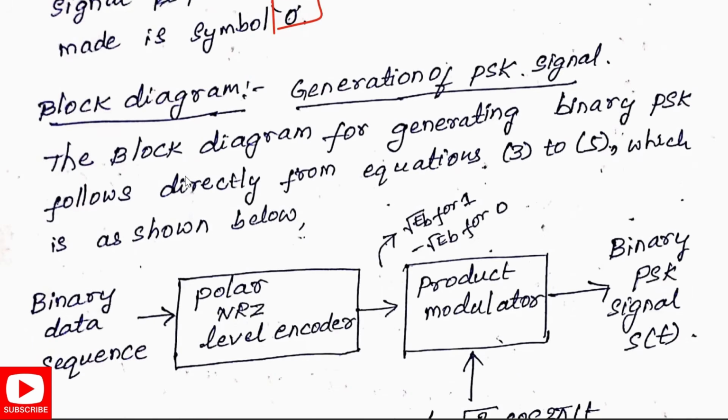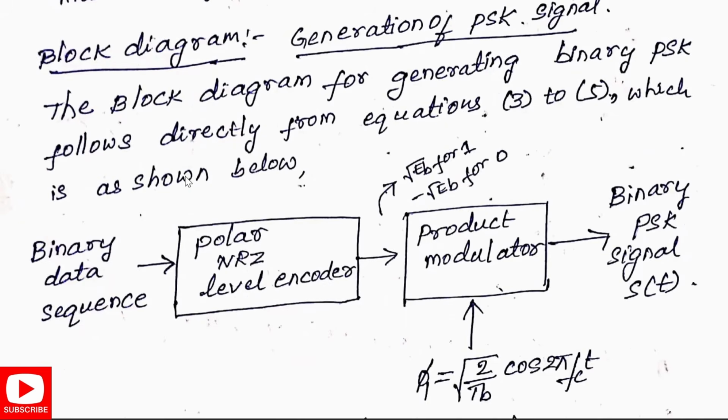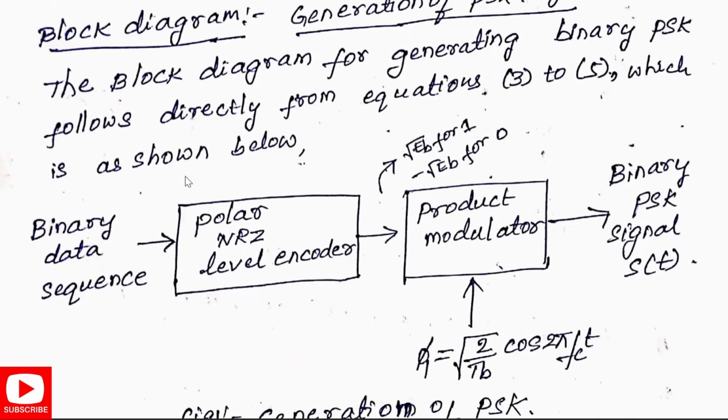Now next, coming to the generation of BPSK, that is the block diagram. You need to know the block diagram and its explanation. This comes directly from equations 3 and 5, which we have shown in the above part. Firstly, we give a binary data sequence, something like 0, 1, as binary input. That is given to a polar NRZ level encoder.